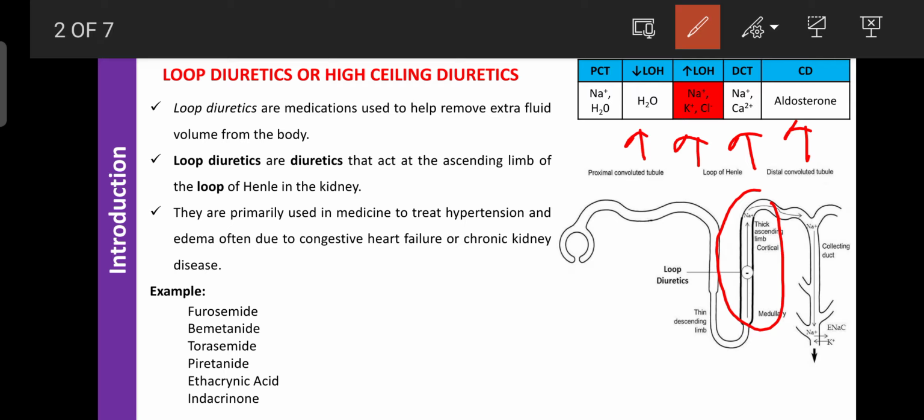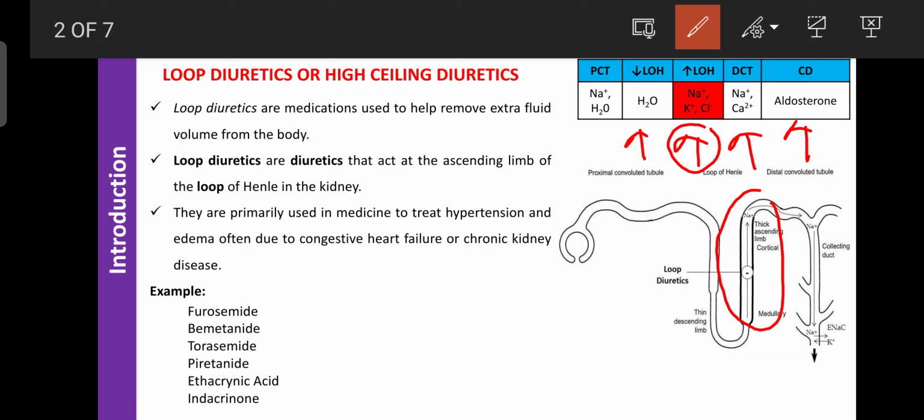But these loop diuretics are high ceiling diuretics. They mainly act on the thick ascending limb, or ascending loop of Henle, which is the site for reabsorption of sodium, potassium, as well as chloride.